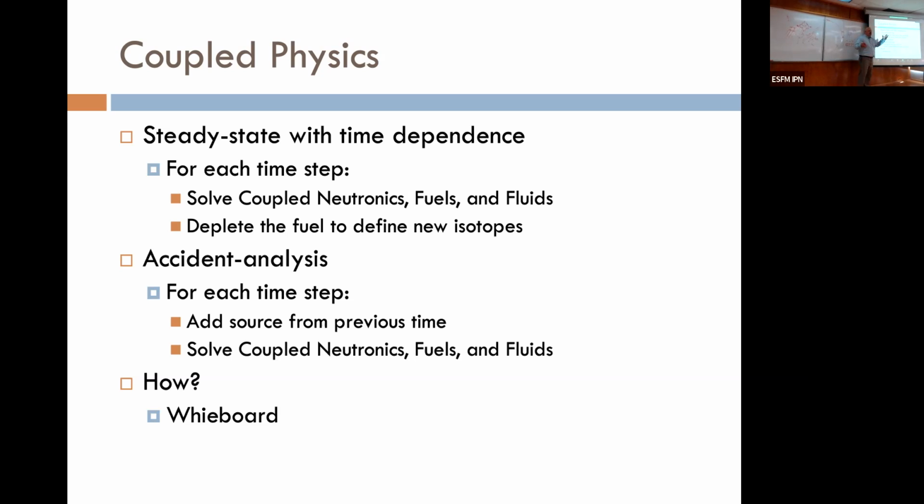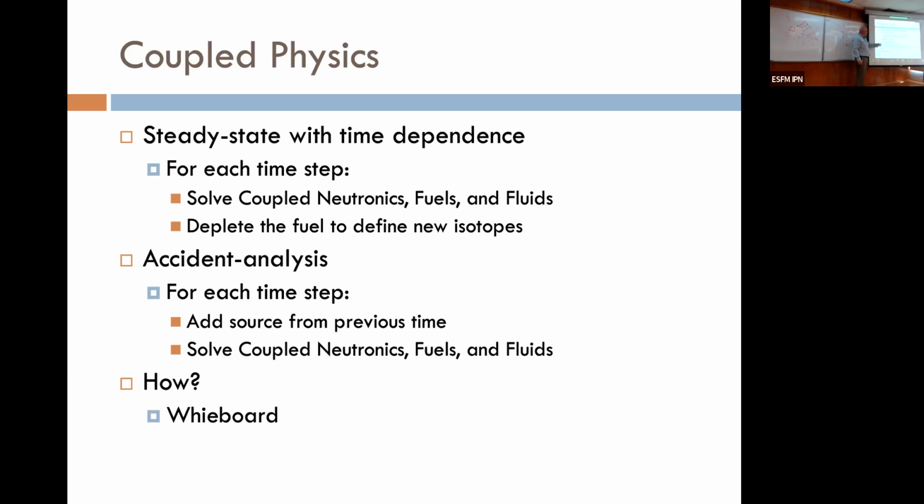Then you have, here is my flux distribution, here's my power distribution. So now I can deplete my fuel to new isotopes, and I have a new isotope distribution. So then I go to my next time step and I solve my coupled neutronics, fuels, fluid problem again. Over and over, you're solving this k eigenvalue coupled neutronics, fluids, fuels problem.